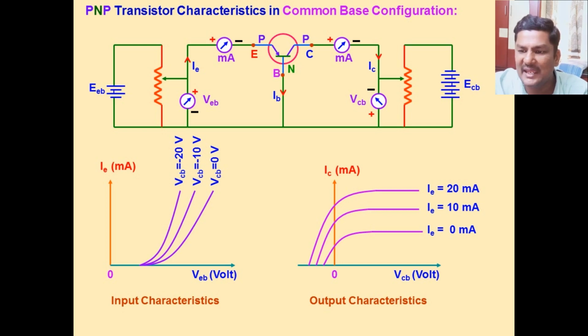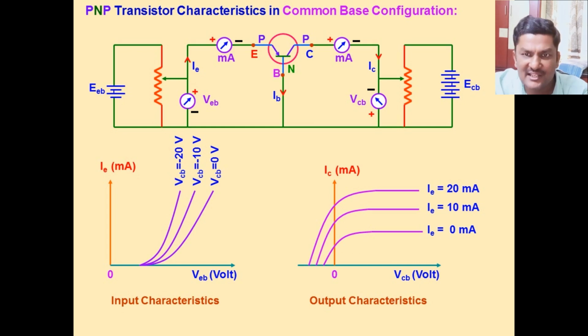By keeping the IE value constant and changing VCB, the collector current IC is measured in a meter and tabulated, with the values of VCB changing in a proper order.